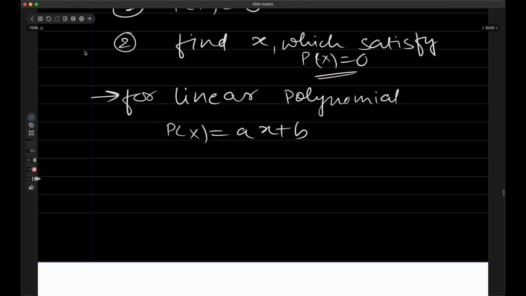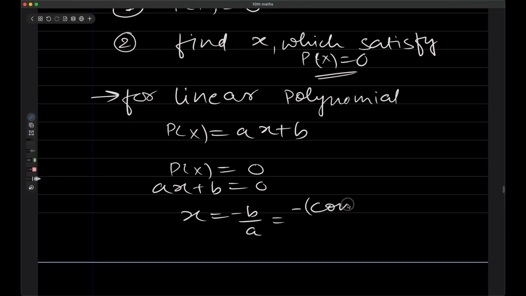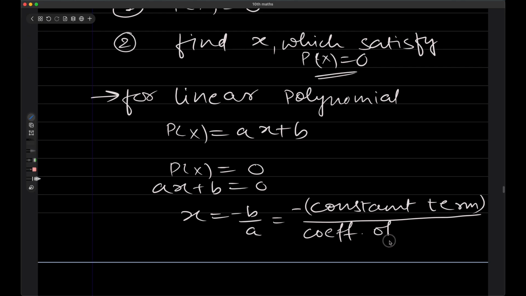If we find the zeros of the polynomial, that is if we put p of x equals 0, that is ax plus b equals 0, we get x equals minus b upon a, that is also the constant term divided by the coefficient of x.